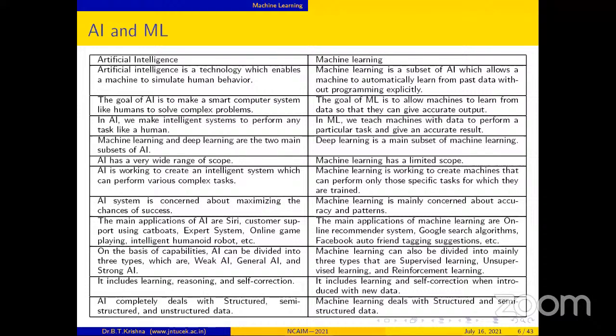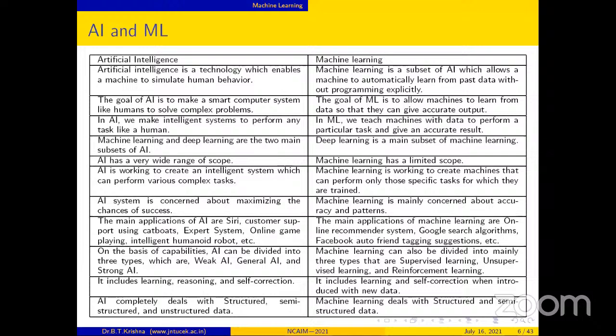These are the three vital points related to artificial intelligence. Whereas machine learning includes learning and self-correction when introduced with new data. That means it will take new data, it will learn from it, and it will check whether the desired result has been achieved or not. If it is not achieved, then it will do correction by itself.